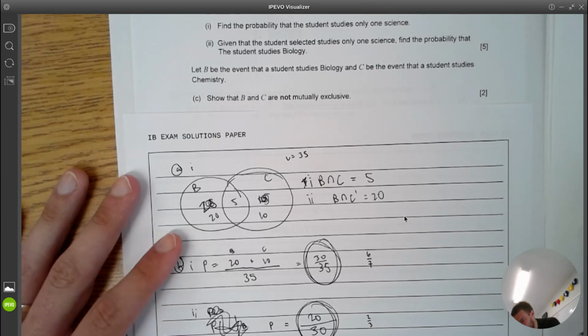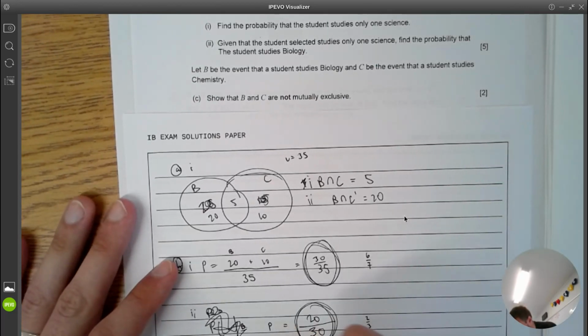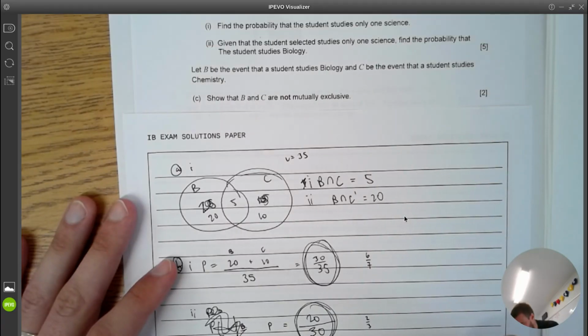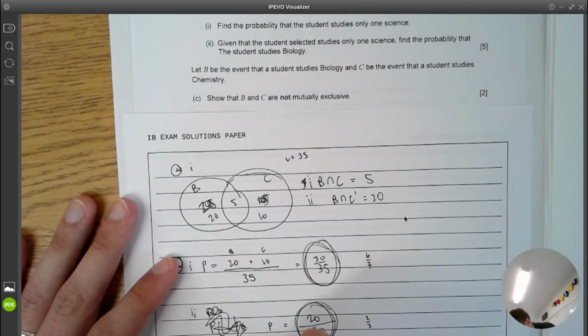It's called mutually exclusive events, so that tells me it's probably going to use it. And I need to prove that it is not mutually exclusive. Let's rewrite this using B or C, because that's what they want us to use.